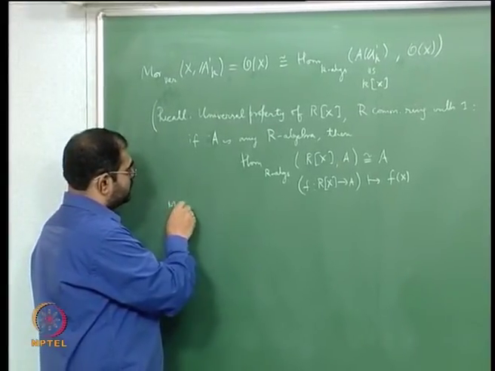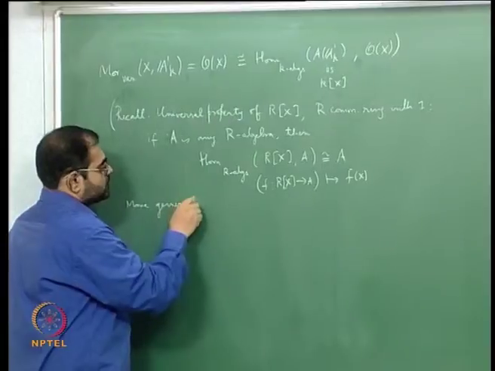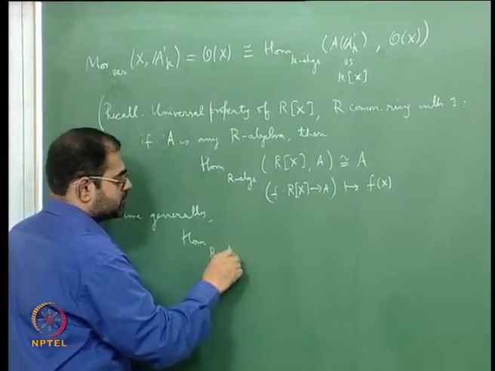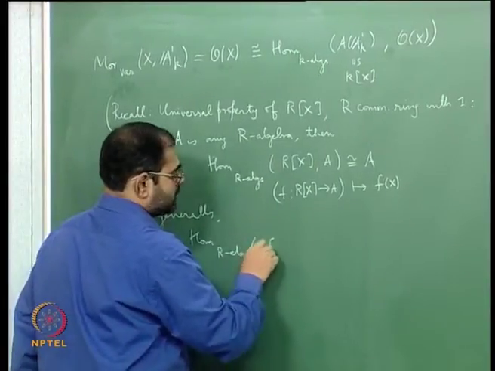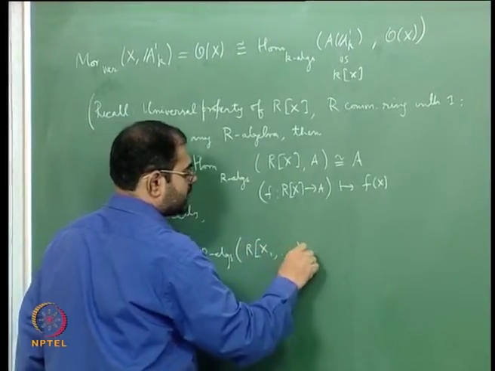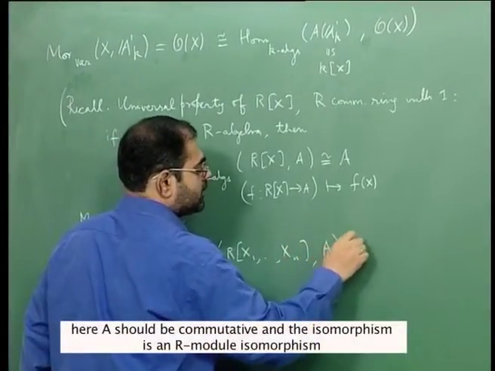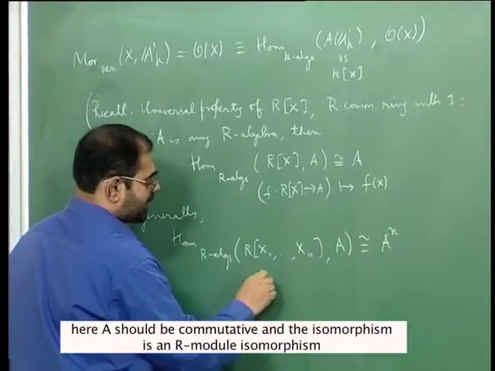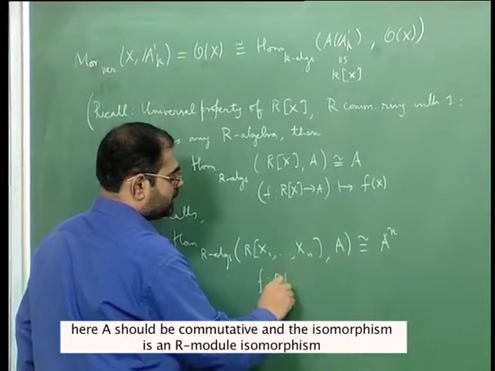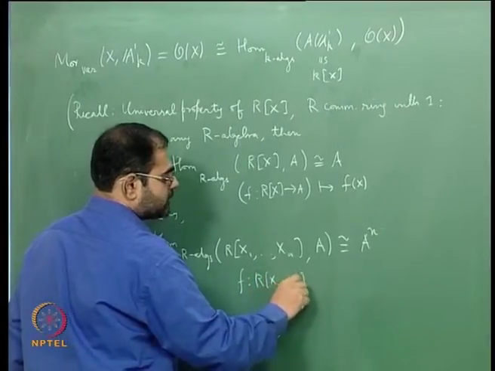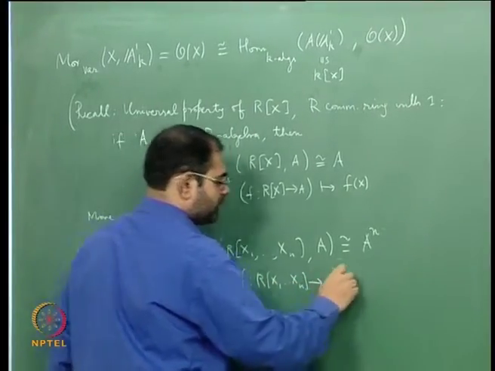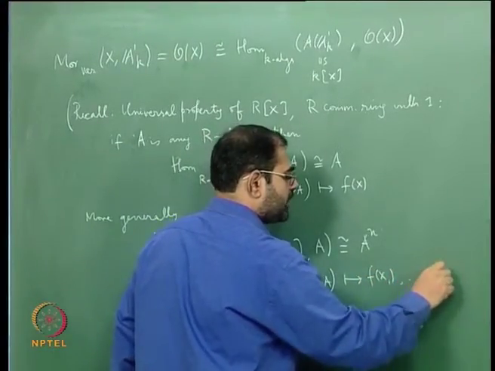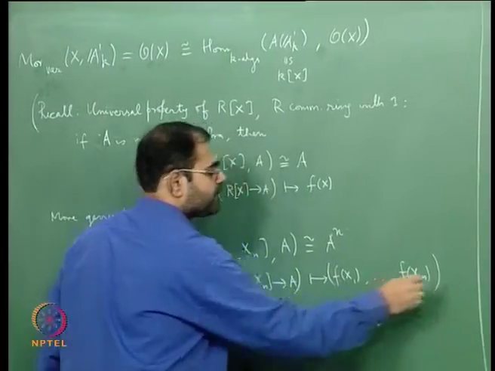More generally, homomorphisms as R algebras from R[x1, ..., xn] to A is isomorphic to A^n, where you simply send a map F from R[x1, ..., xn] to A to the n-tuple (F(x1), ..., F(xn)).